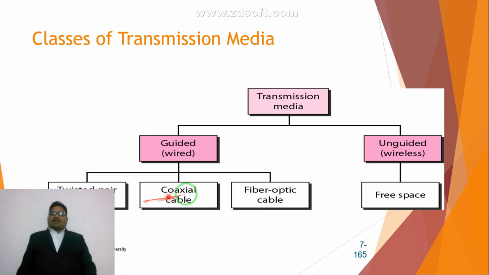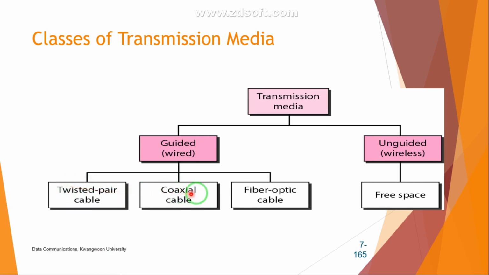As you know, the fiber optic cable is used for light signals. It has a speed of 3 into 10 raised to 8 meters per second, very fast. And nowadays the internet network is laid out by fiber optic cable. Coaxial cable has much more speed compared to twisted pair cable.